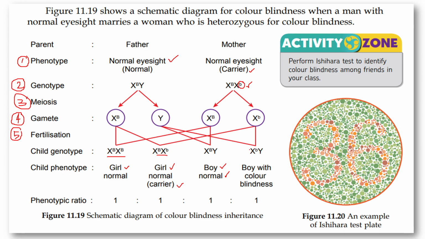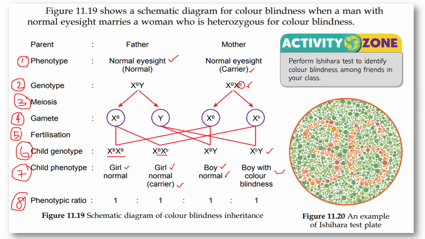So X small b Y. So this is a boy with color blindness. And therefore, this is number 6, the genotype of the child, the phenotype of the child. Last but not least, we are to show the phenotypic ratio.